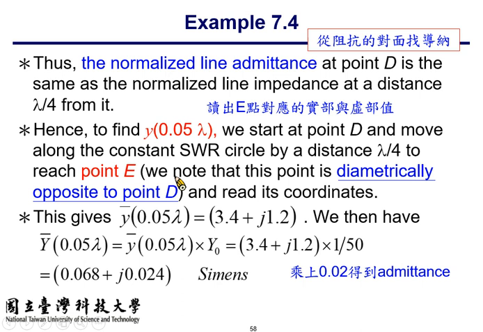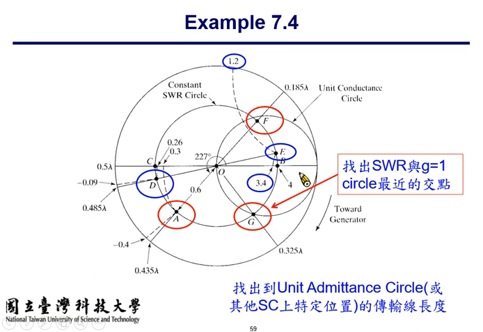To find the real part, find the intersection with the full circles. For point E, there is a small circle, and you can find its value is 3.4 on the real axis. That is the real part of the impedance of point E. The imaginary part is positive because it is located on the top half of the Smith chart, and it can be found as 1.2.